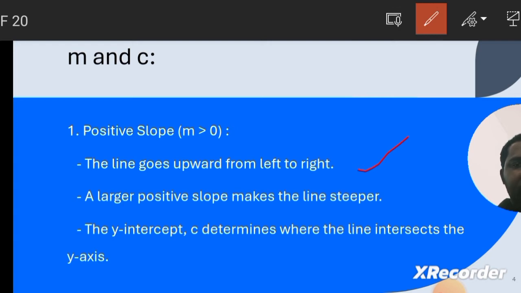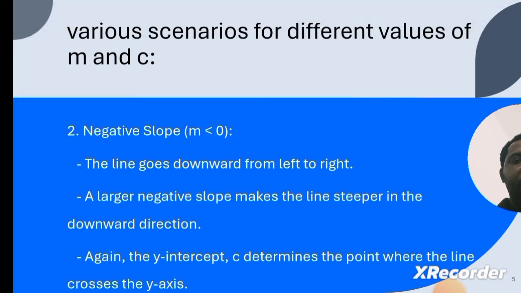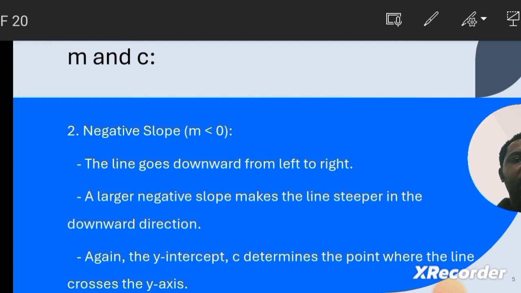A larger positive slope means the line is steeper. Thirdly, the y-intercept c determines where the line intercepts the y-axis. We'll see more of that as we continue.